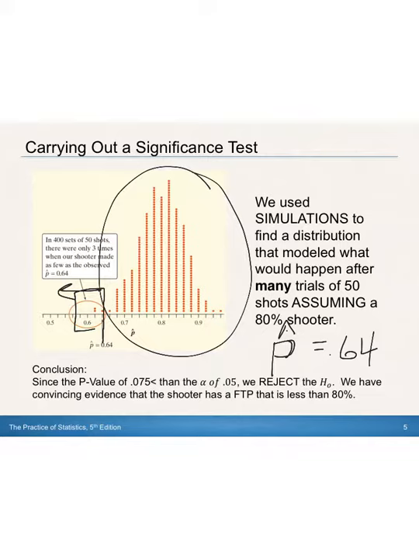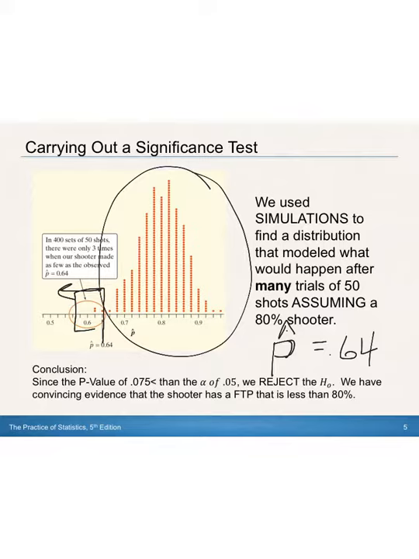In this case, the p-value was 3 out of 400, which is 0.0075. We use the simulation and the sampling distribution to calculate our p-value, and then we can make a conclusion. Since the p-value of 0.0075 is less than the alpha of 0.05, we reject the null hypothesis. We have convincing evidence that the shooter has a free throw percentage that is less than 80%.